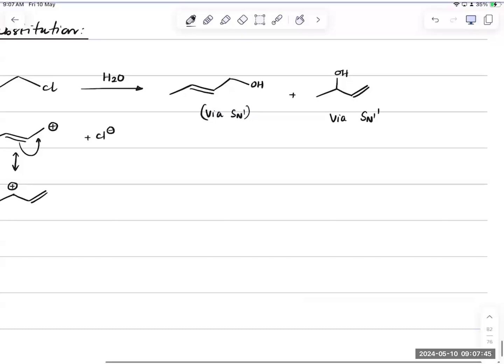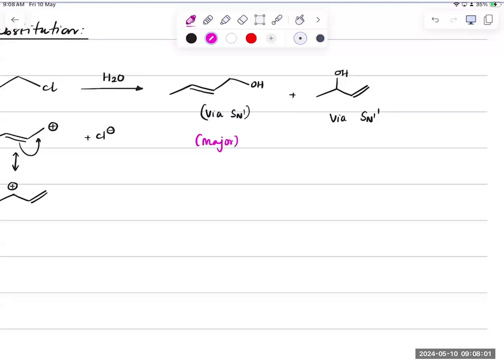Generally, in such cases, right? It all depends upon the solvent. Suppose if the solvent is water, which is highly polarized. If it is a highly polarized solvent, then major product will be this one, and minor product will be this one.